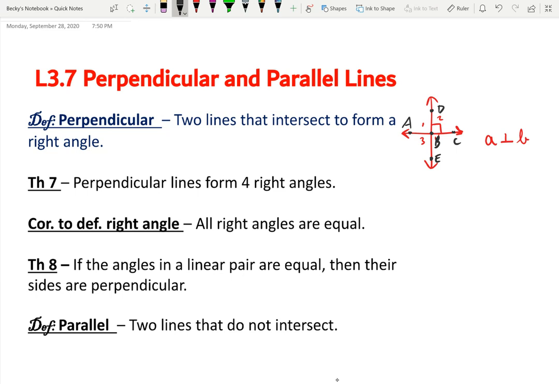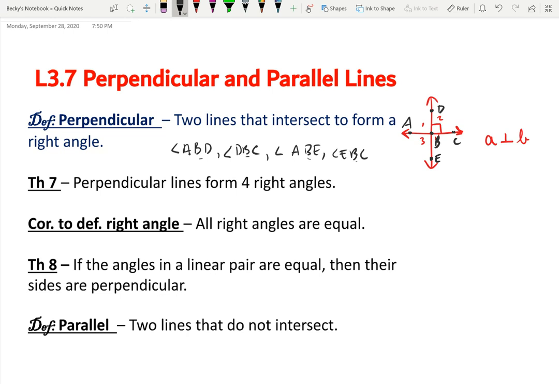So let's do this real quick. I have angle ABD, angle DBC, angle ABE, and angle EBC. Okay, just a quick review. Remember that the middle letter has to be the vertex, so that makes sense that they're all B.